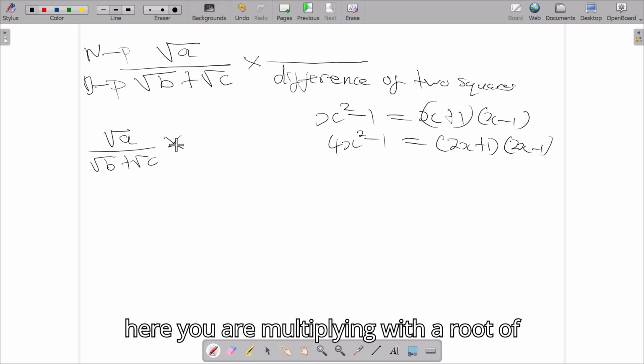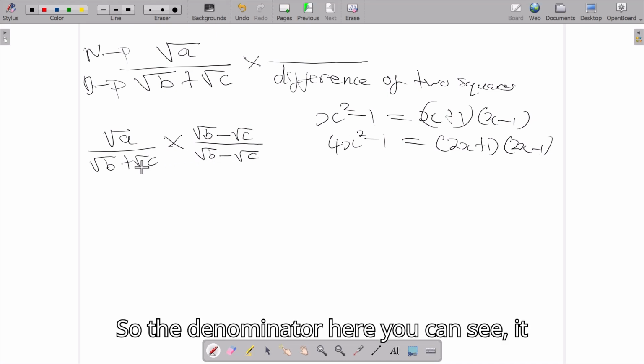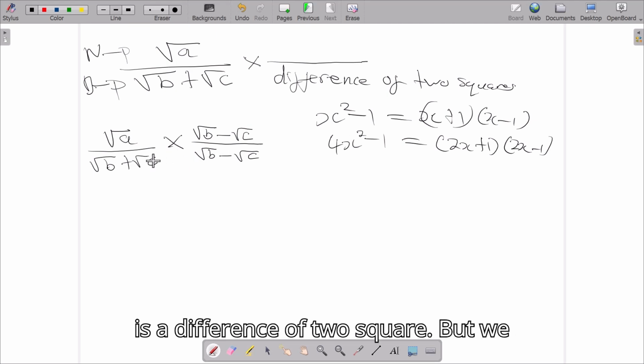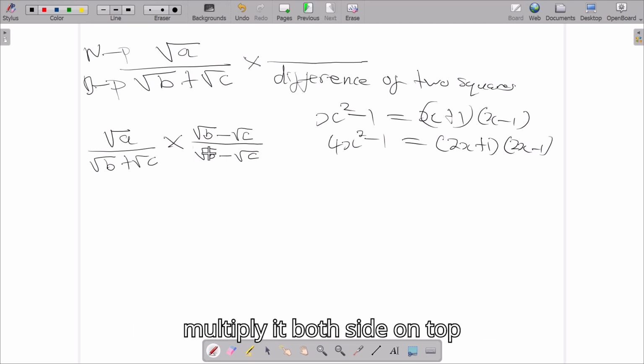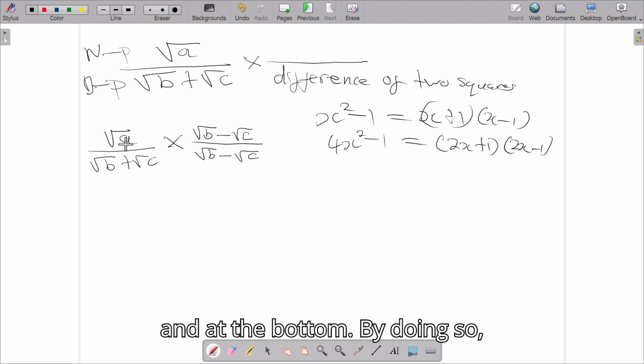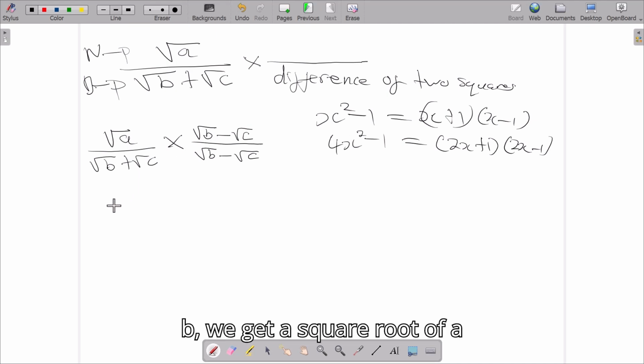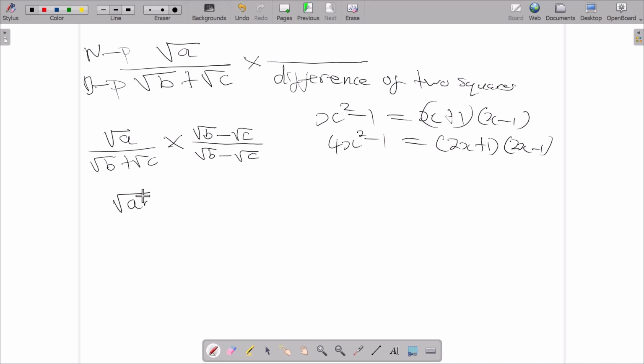It means here you are multiplying with square root of b minus square root of c all over square root of b minus square root of c. So the denominator here, you can see it is a difference of two squares, but we multiply both sides, on top and at the bottom. By doing so, square root of a times square root of b, we get square root of ab.